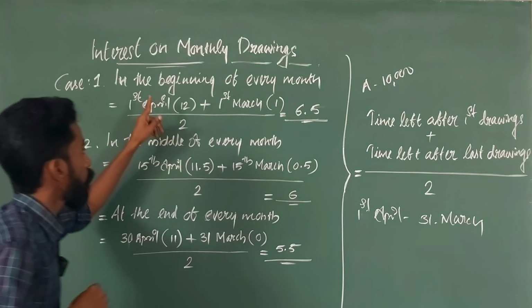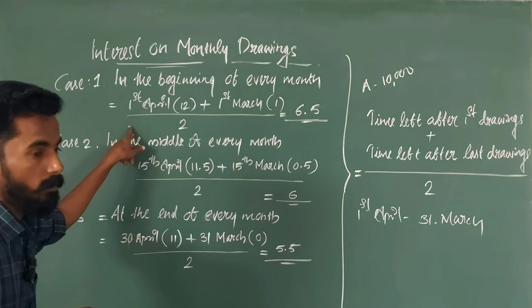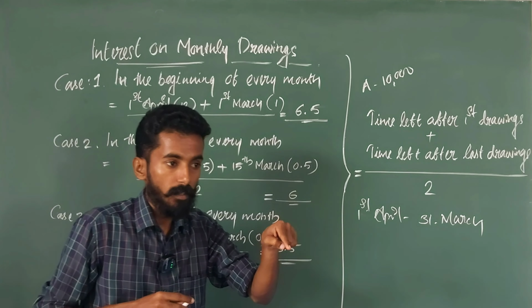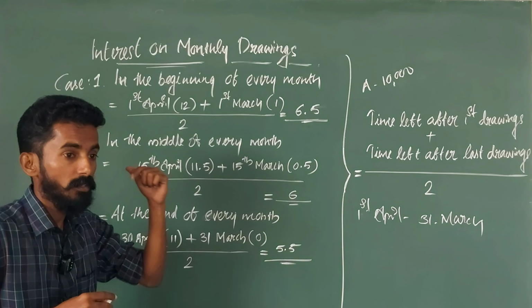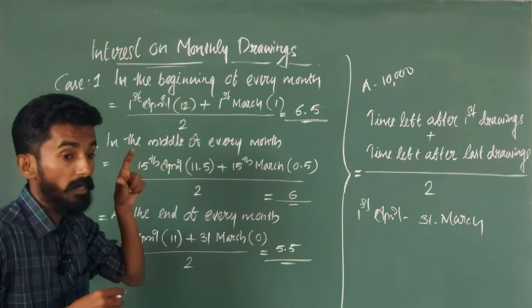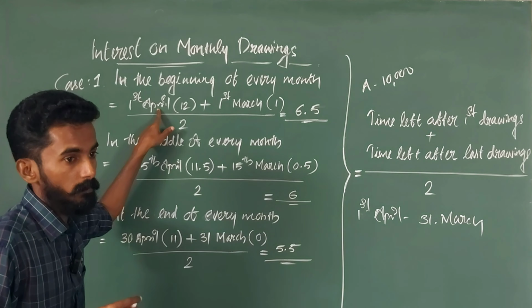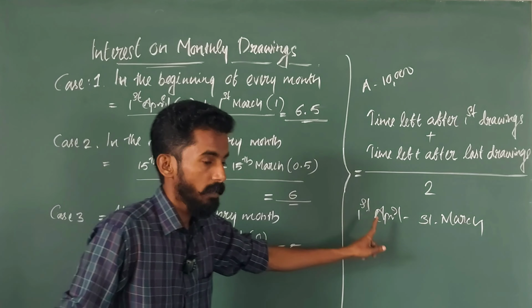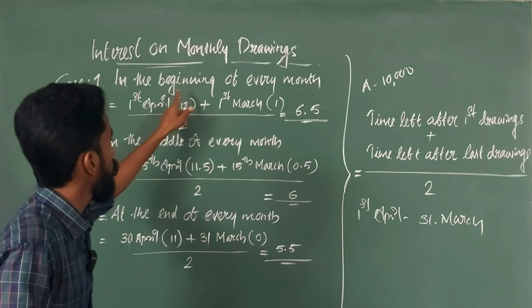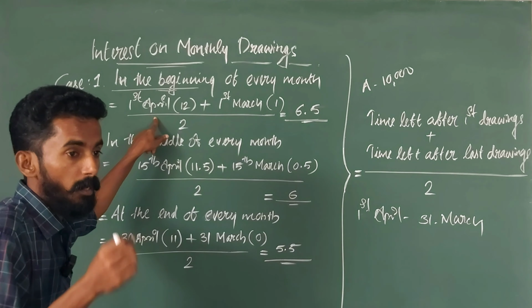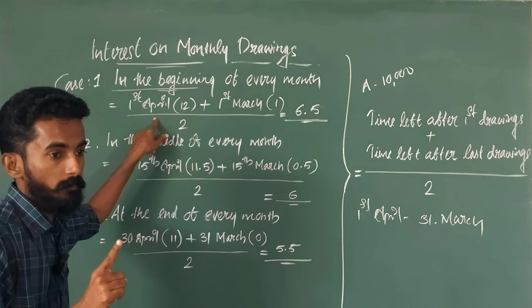So in the beginning of every month means, when was the first drawing that partner made, in the beginning means 1st April. Financial year is 1st April only, so he is going to withdraw in the beginning of every month, means 1st April was his first withdrawal.